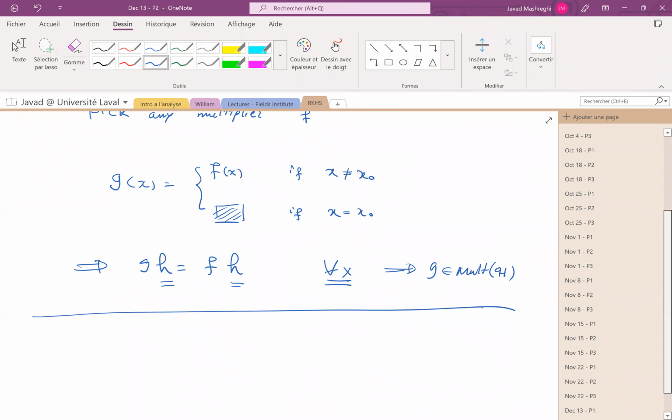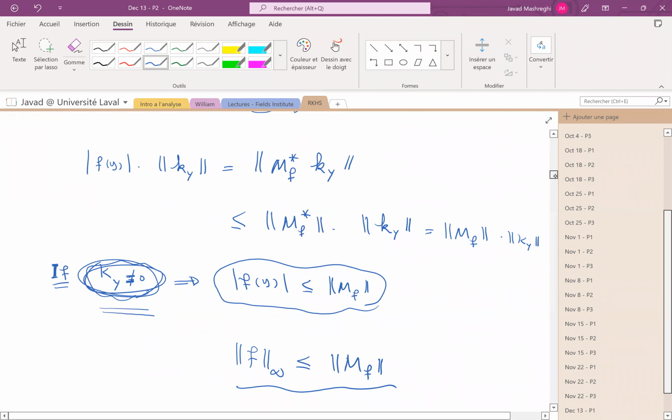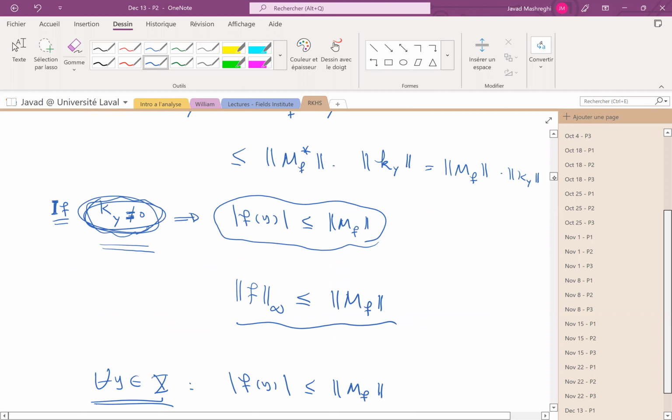Can I suggest another proof of that inequality? The absolute value of f(y) is less than or equal to the norm of multiplication by f, that one there at the bottom. Let's assume k_y is not 0, which means there's some function in the reproducing kernel Hilbert space that's not 0 at that point. Look at the operator of multiplication, fix y, by f minus f(y).